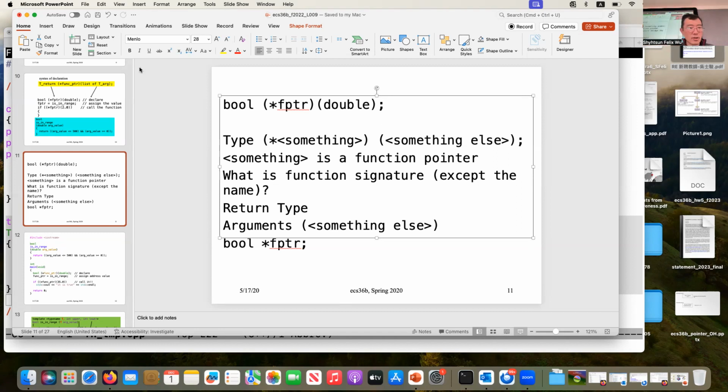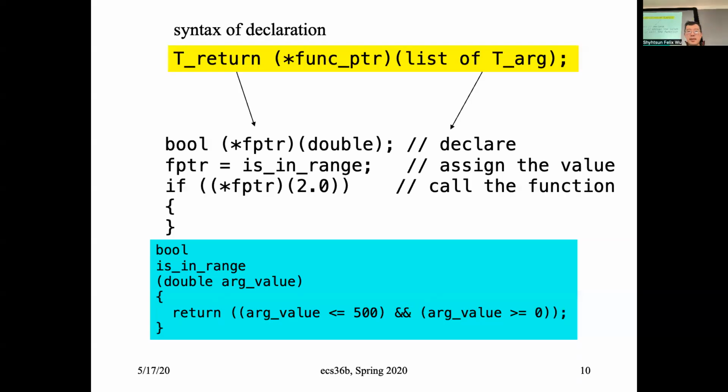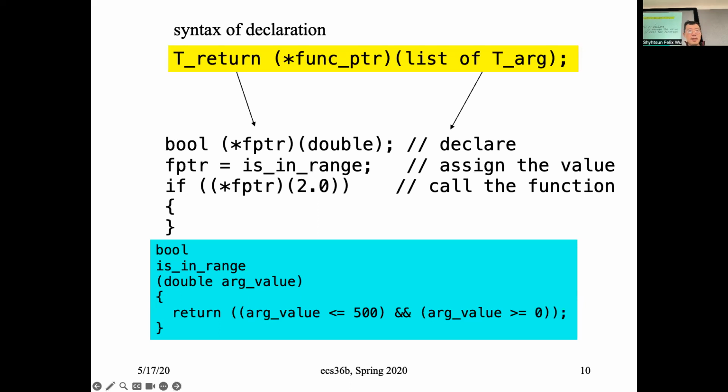So let's take a look at this. I declare this first line as a variable, FPTR. Look at what I did. I assign is_in_range to FPTR.